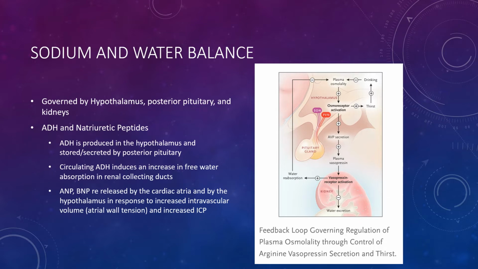And basically ADH is secreted in response to increased plasma osmolality, which is detected by the hypothalamus, or decreased plasma volume, which can be detected by peripheral and central baroreceptors. General stress or pain or increased ICP can also cause a secretion of ADH as well.